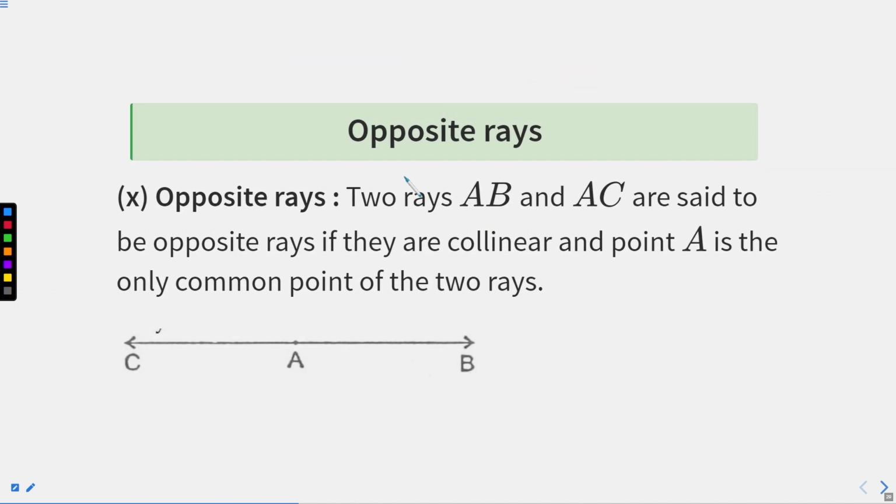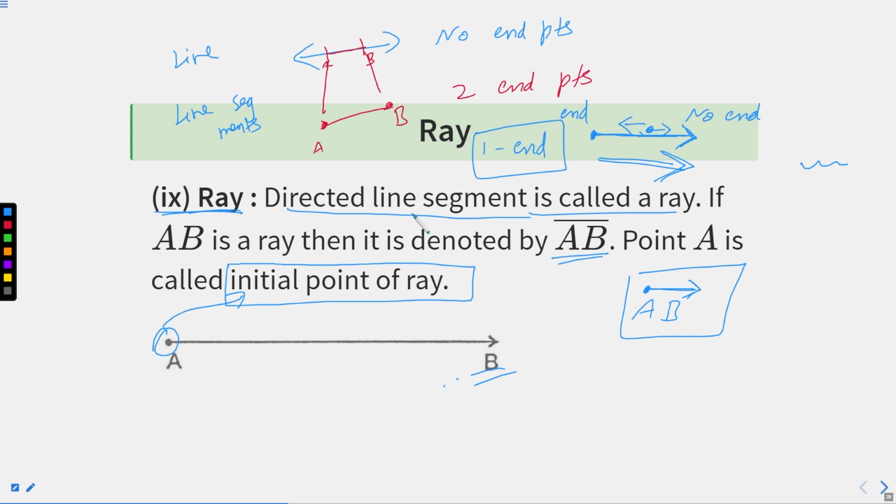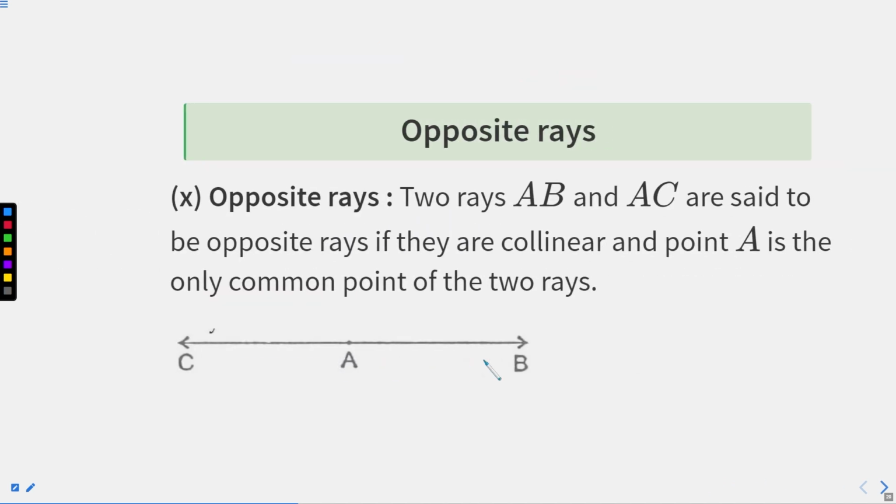Now we come to the end of our lecture. This will be our last definition for this theory class. So what are opposite rays? Rays we already saw in the ninth point. Rays are directed line segments starting from a point, going in a specific direction and going on forever.